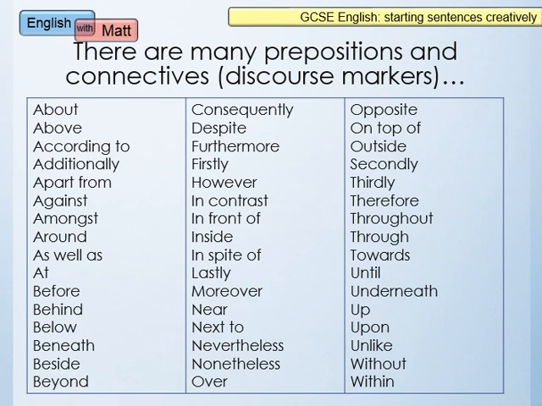So you have prepositions in here like above, below, behind, opposite, next to, in front of. But you also have prepositions and connectives in here to do with sequence, like firstly, secondly, thirdly, consequently, additionally, furthermore, and so on.